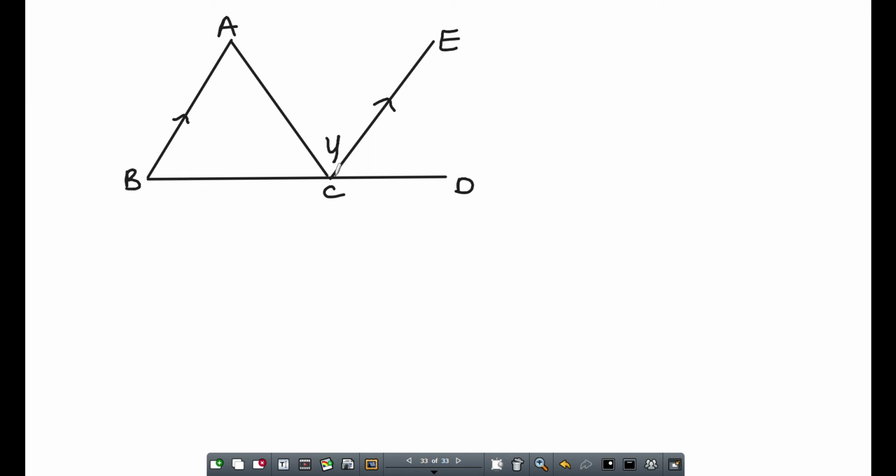Let's make that Y and then 50. Okay, so who of you see the Z? Okay, so it's supposed to look like that. Do you guys see it?